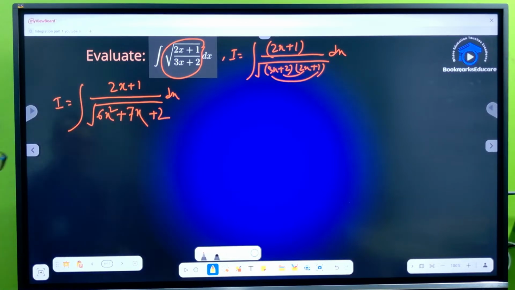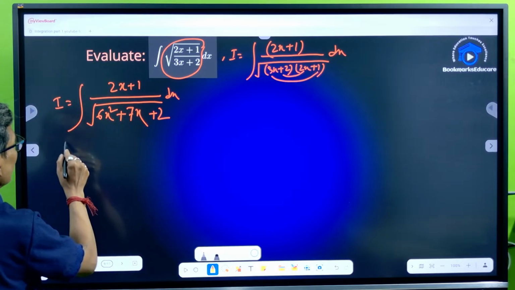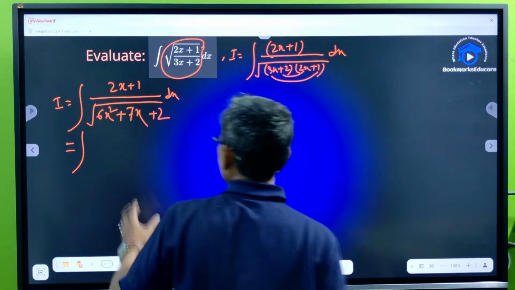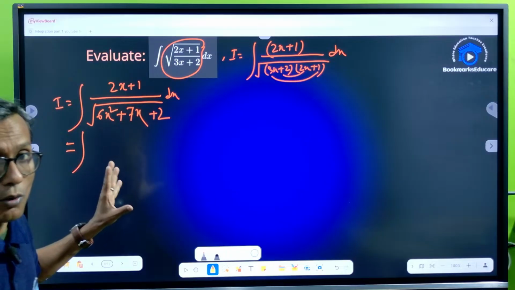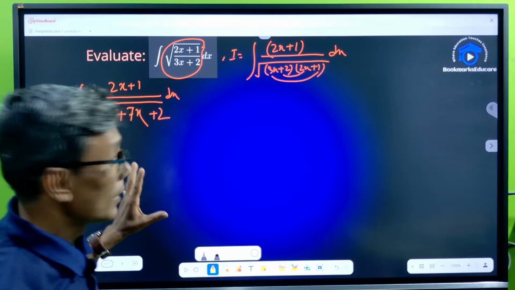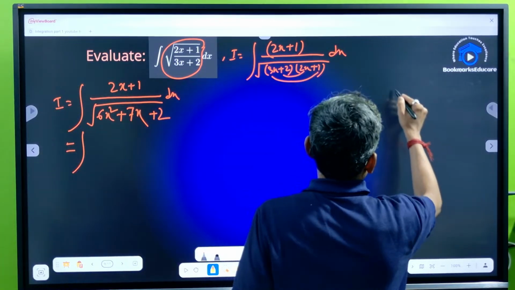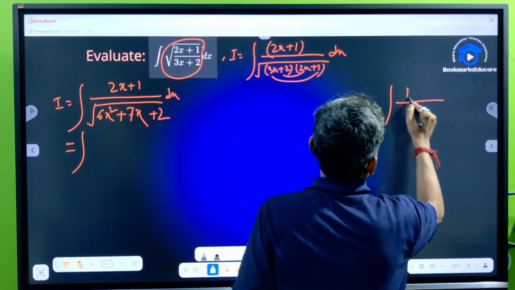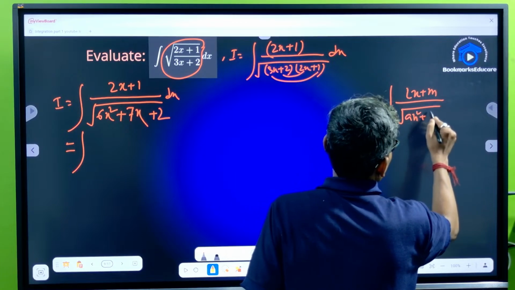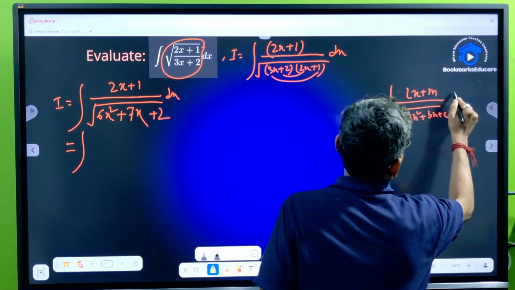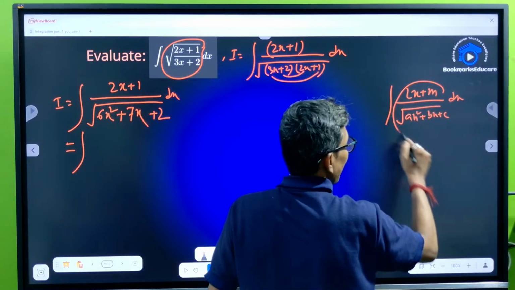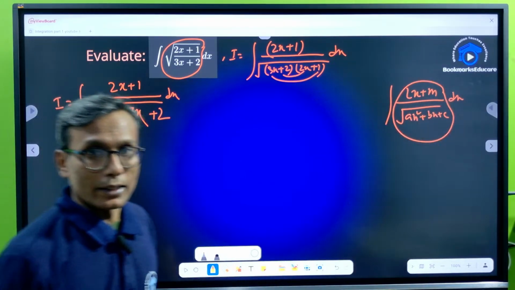Now this is a special form in method of substitution. Okay, this is the special case. So what do we have to do? If lx plus m by root over of ax square plus bx plus c into dx, if the integrand is in the form like this, then how can it be done?